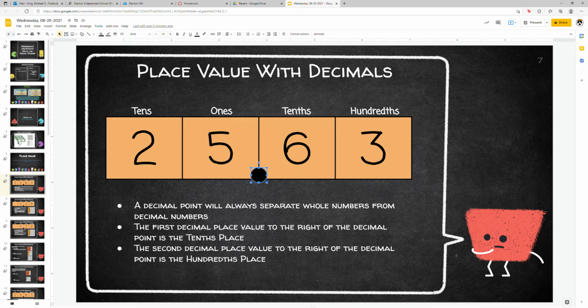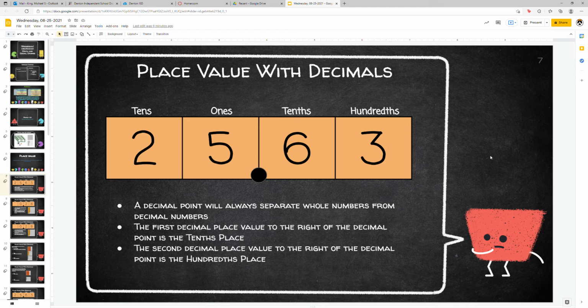We always read that decimal point when we're reading a number as "and." We say the word and. So, a decimal point will always separate whole numbers from decimal numbers. We call ones, tens, hundreds, etc., getting bigger, whole numbers because they are complete. If you think of decimals as parts of something, you would be correct.